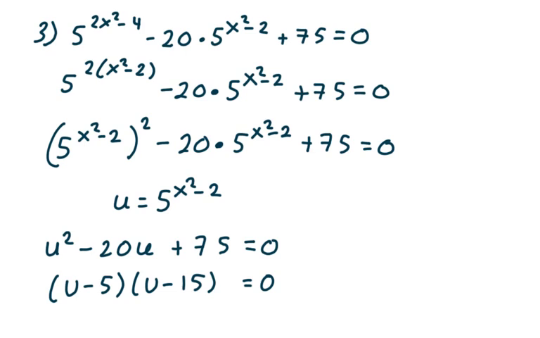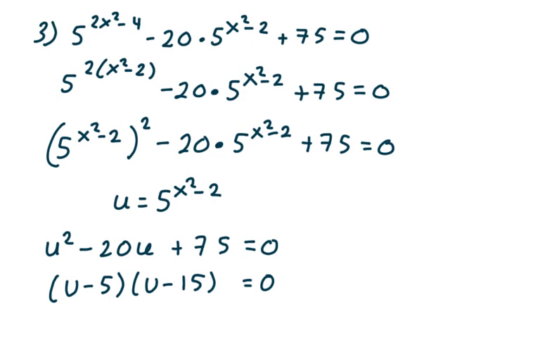We have 5 to the 2x squared minus 4 minus 20 times 5 to the x squared minus 2 plus 75 is equal to 0. So I'm going to factor out a 2 from 2x squared minus 4.